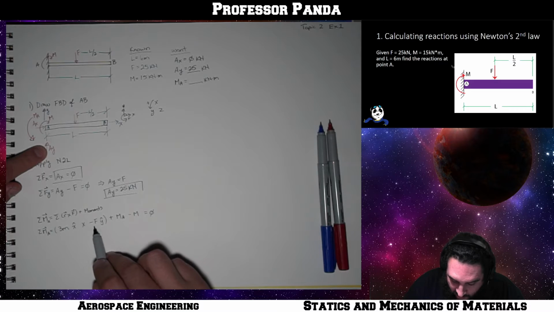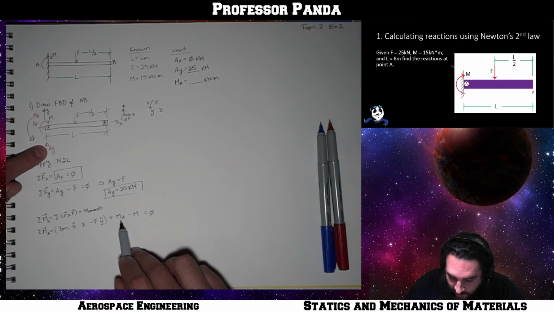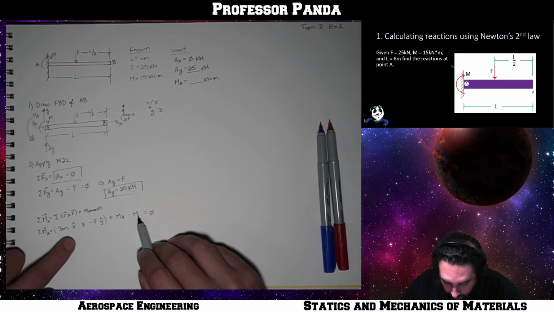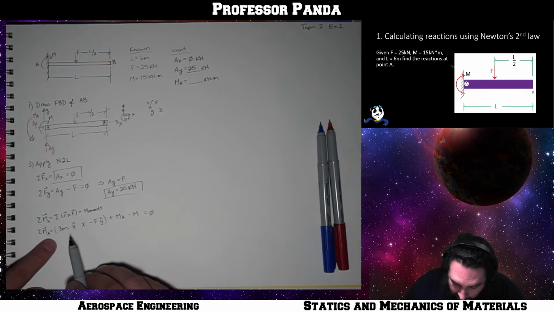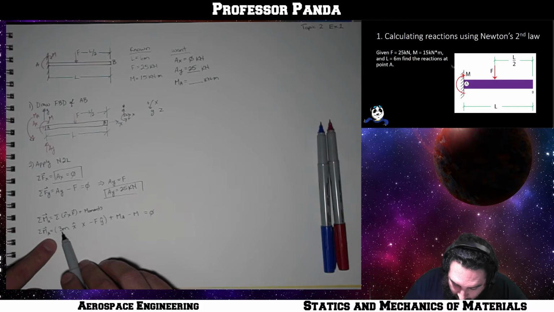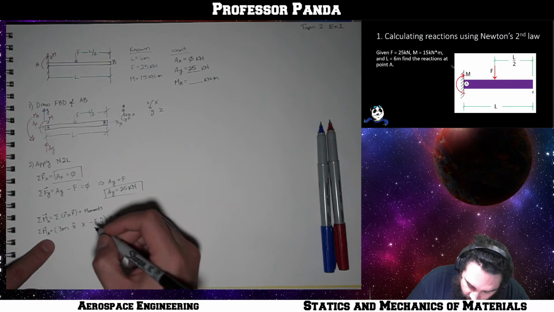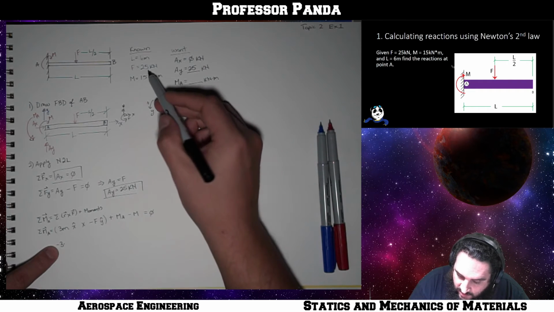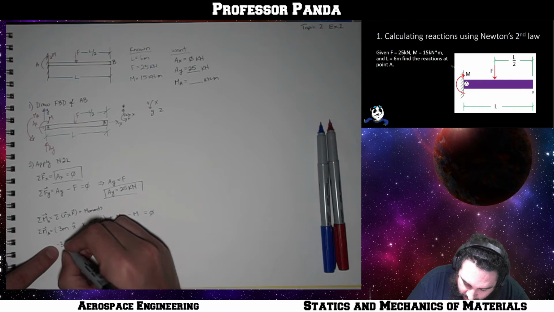And let's go ahead and carry out this cross product, and then we'll go ahead and solve for MA, because that's what we're ultimately looking for. M is known, it was given. So let's carry out this cross product. So first things first, we're going to have 3 times negative F right here. So we have negative 3 times F is 25 kilonewtons.